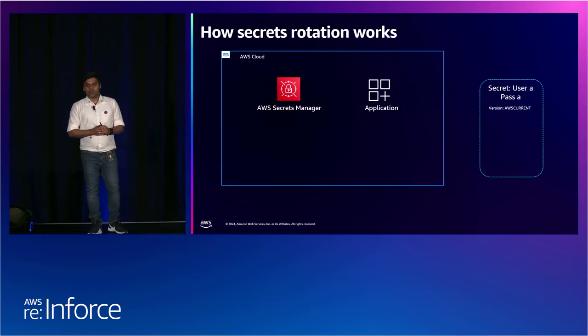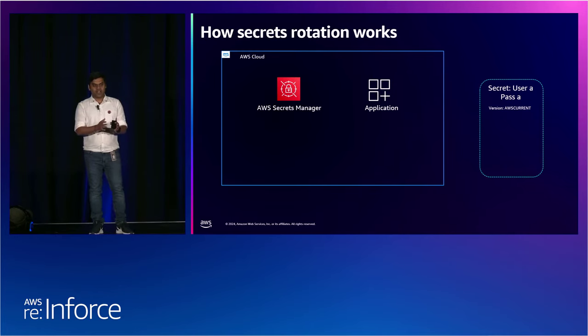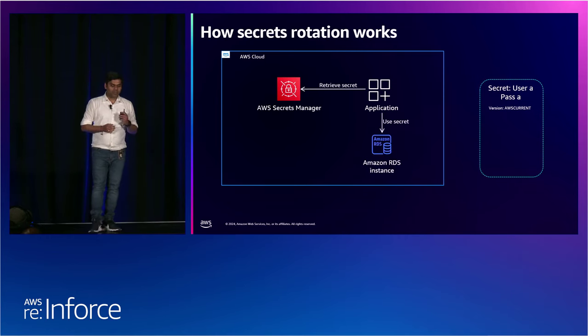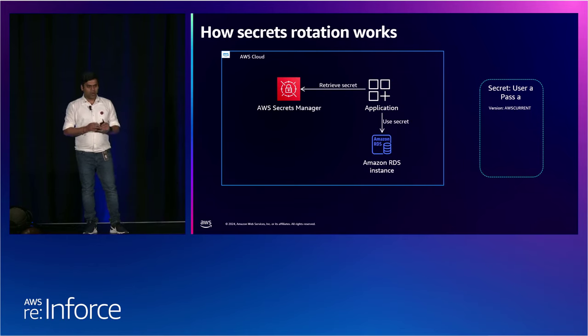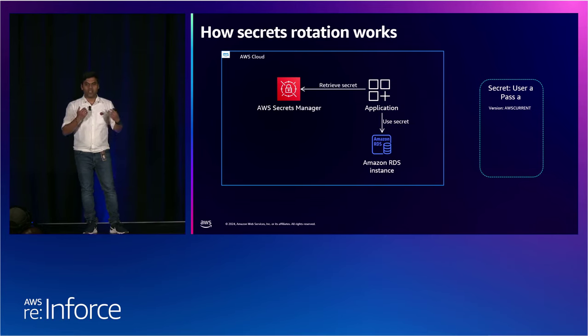I'm taking an example over here where in your cloud, in your AWS account, there's an application running, and that application retrieves a database credential from Secrets Manager to connect to an Amazon RDS database instance. A very basic scenario. All you have to do is store your username, password in Secrets Manager, retrieve it in your application, and use it to build connection to your database.